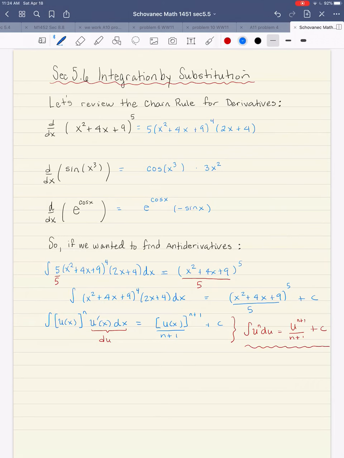So we're going to look at our general power rule. In the next one, if you were to integrate the cosine of x cubed times 3x squared, here's the u of x, and here's the u prime of x times dx. We would integrate that as the cosine of u times du, where again, du is u prime of x dx.